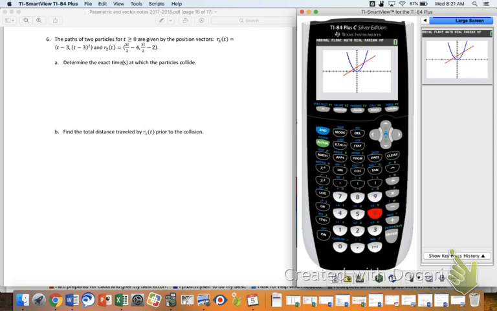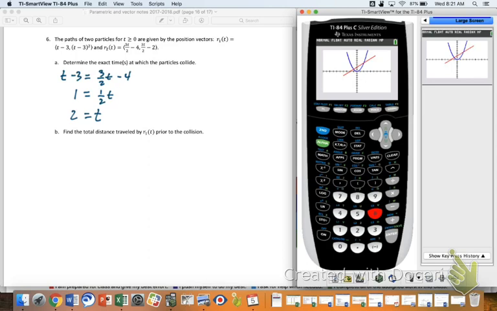I'm going to set the x's equal to each other and say t minus 3 is equal to 3 over 2 t minus 4. And then I'm simply going to solve for t and see what happens. If I add 4 over, I get 1. If I subtract 1t, I get 1/2 t. Therefore, t equals 2.